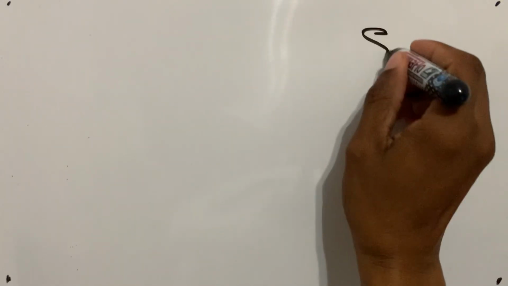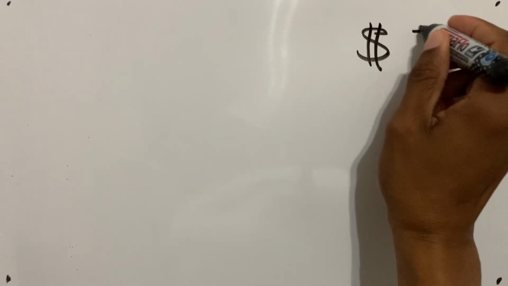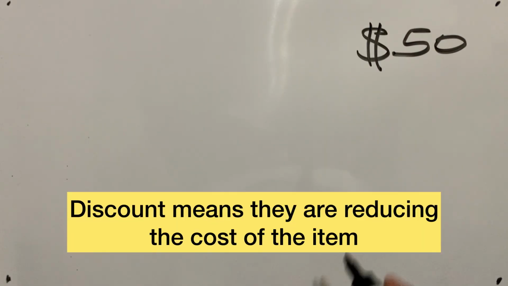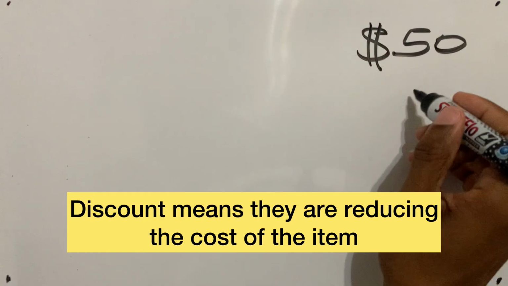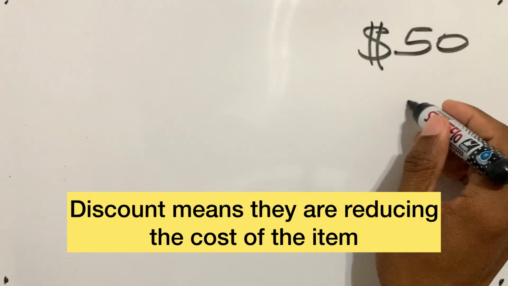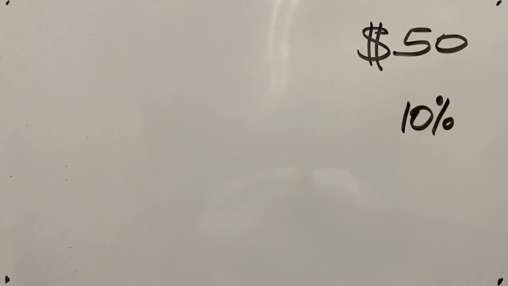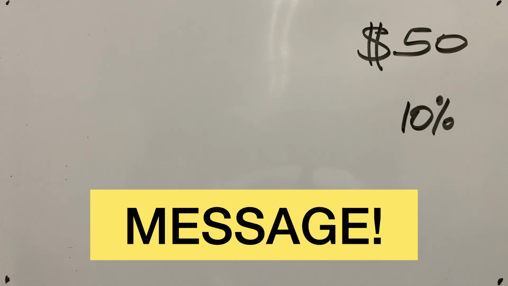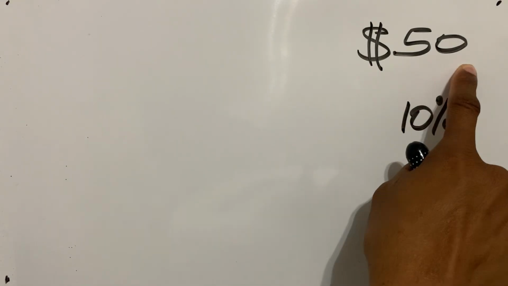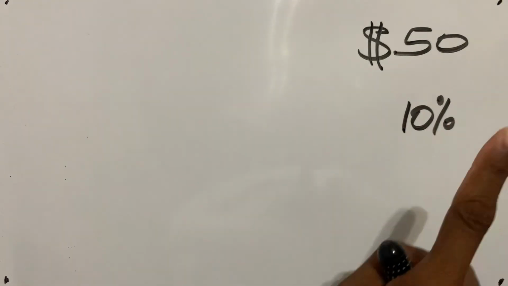If you go into a store and you see a shirt for $50, and they say it has been discounted by, let's say, 10%, and you know that when you buy something and it's discounted, you'll be paying less than this number that we have here. So what do we do first?